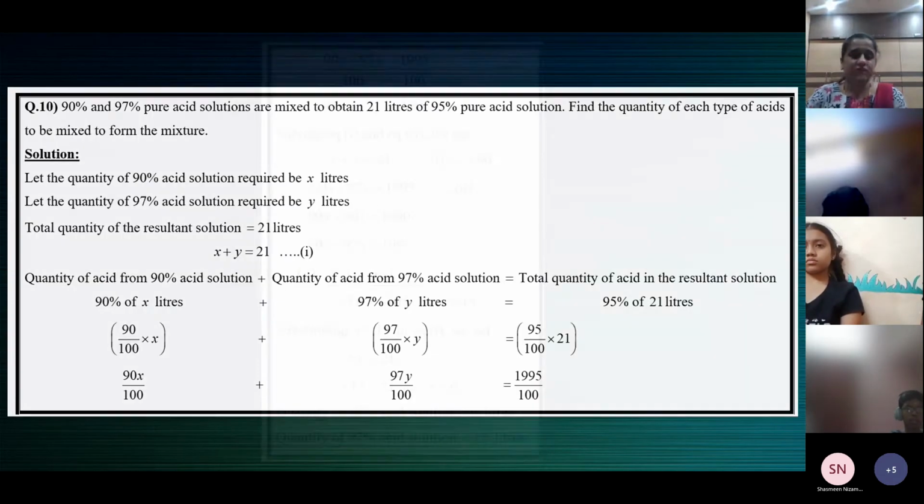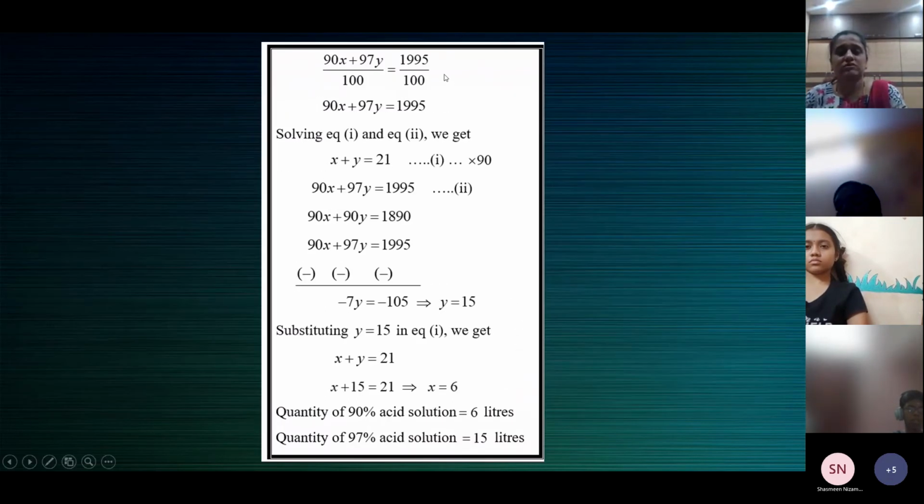So I did not simplify here, see, I did not cancel the 0 and 0, did not reduce all this. So as it is, 90X by 100 plus 97Y by 100 is equal to this one. So you see here, 100 you can cancel on both the sides.